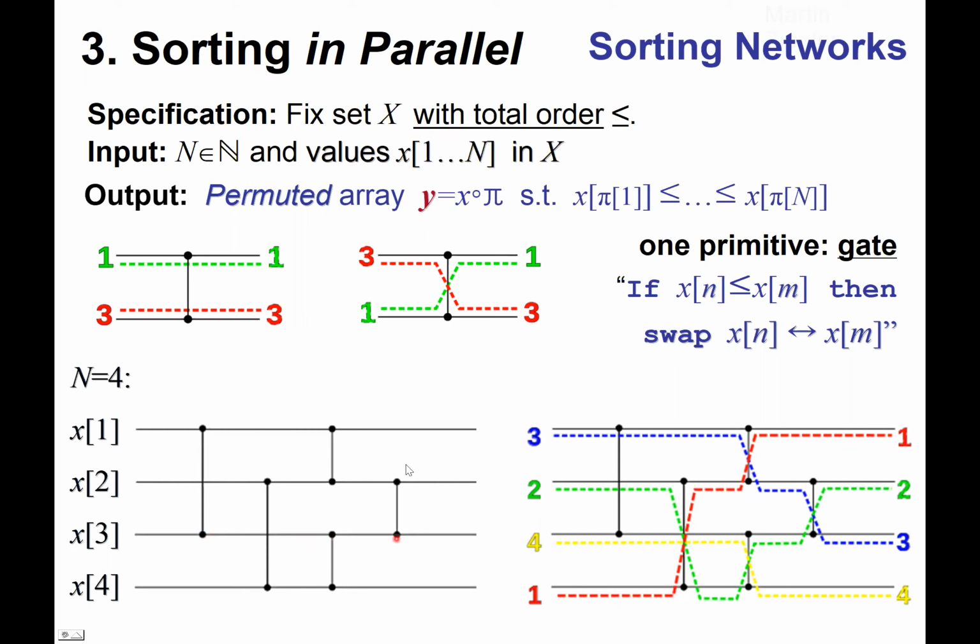And also this one can be compared only after these two have finished, because it uses the output from the previous comparison. So this sorting algorithm only uses 3 time steps in parallel. These two together in one time step, these two together in one time step, and this one in one time step. 3 time steps to sort 4 elements using 5 gates.